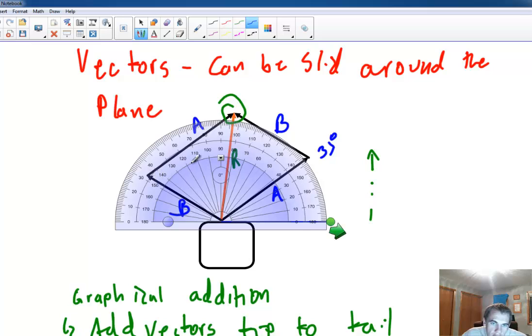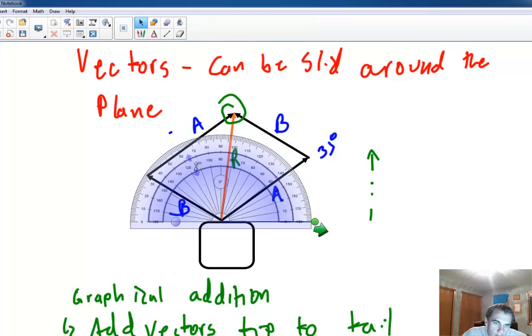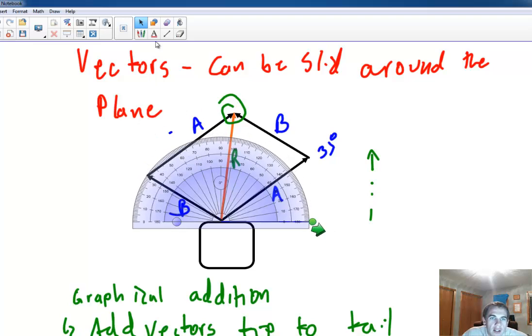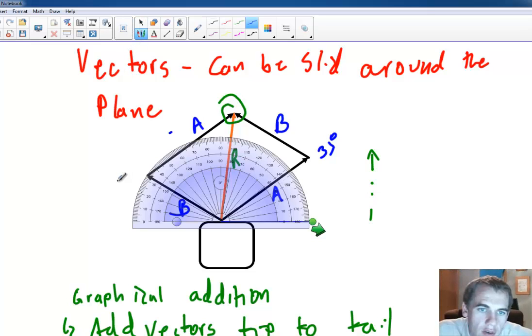Let's go ahead and make this a little bit smaller, and that way I can see, yeah, it looks like 146 degrees. So vector B is 146 degrees. Now, what can I do with that?